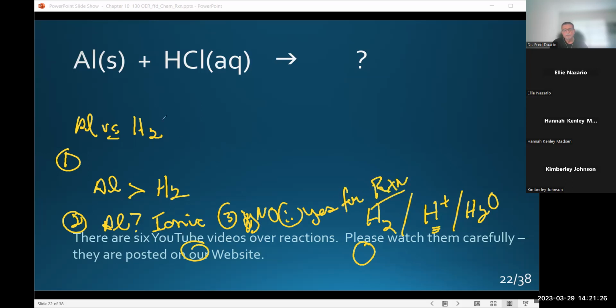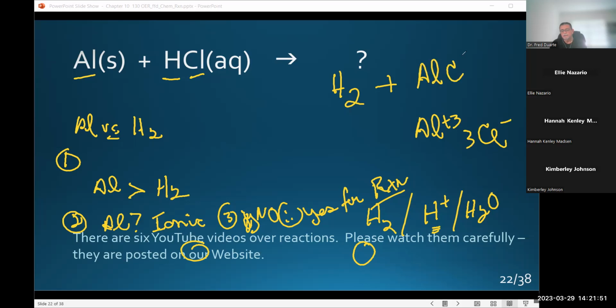Yes for the reaction. So hydrogen, which is H+, will go to H2. Okay. And then aluminum goes into ionic form. So we know that aluminum will have a +3 and the chlorides will have a -1. So we need 3 chlorides for every aluminum. So it's AlCl3. Okay.